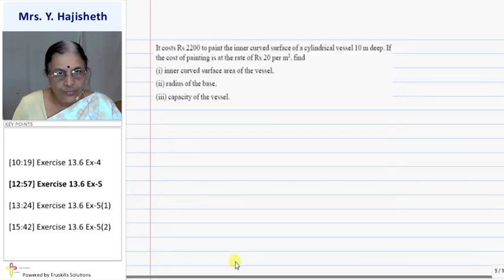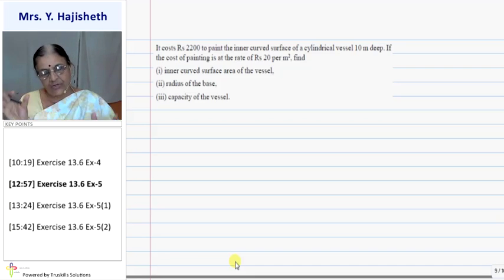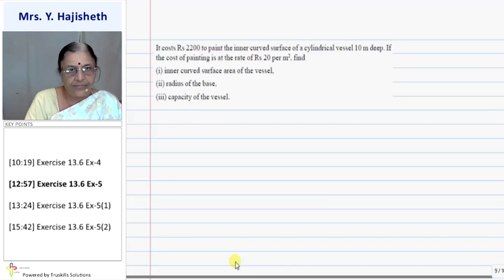If cost rupees 2200 to paint the inner curved surface area of cylindrical vessel 10 meter deep, if the cost of painting is at the rate of rupees 20 per meter square, find the inner curved surface area of the vessel and radius of the base and capacity of the vessel. Everything is asked.